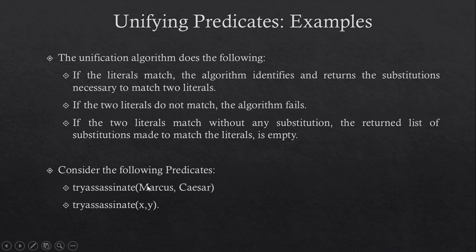If we substitute Marcus in place of x, the pair of arguments can match. And similarly, in case of the second pair, if we substitute Caesar in place of y, the second pair of arguments can match. Pause the video for a minute or two and write the substitutions necessary to unify these two literals.